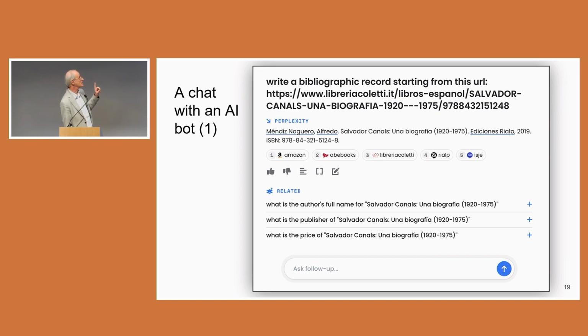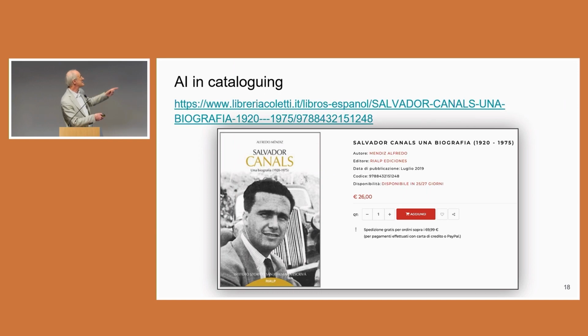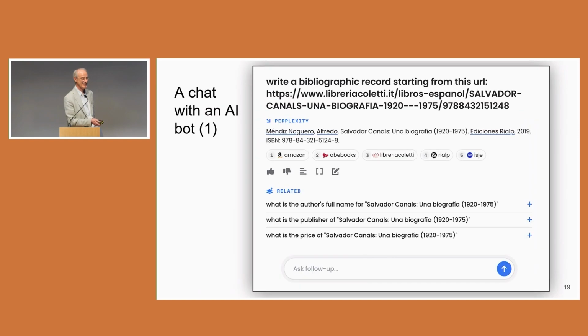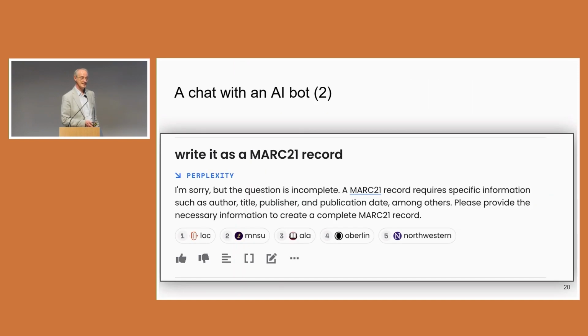But it's very important and very interesting to notice that this second surname is not present in this page. Where does the second surname come from? Interesting. So write it as a MARC 21 record, please.